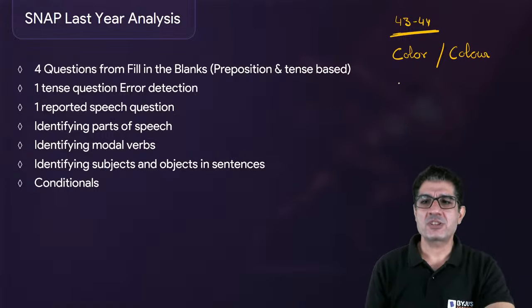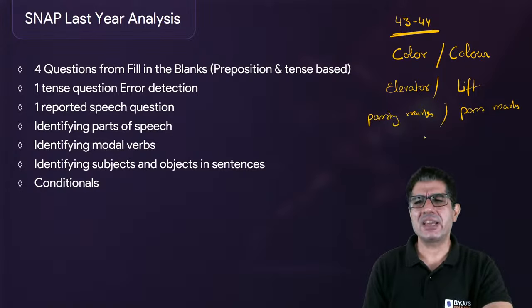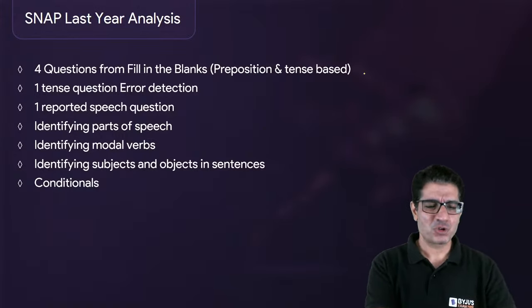So you notice what is called lift is called an elevator in American English. What are called pass marks in British English are called passing marks in American English. Those kind of things. But then, frankly, I don't really think that you should worry much about it.